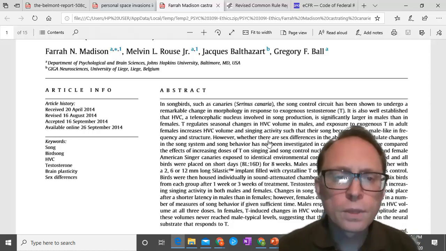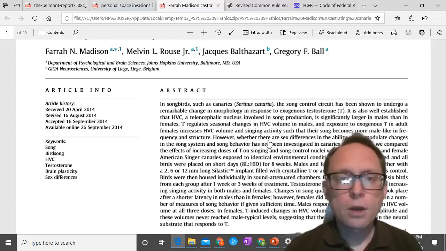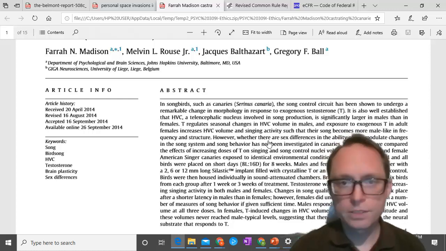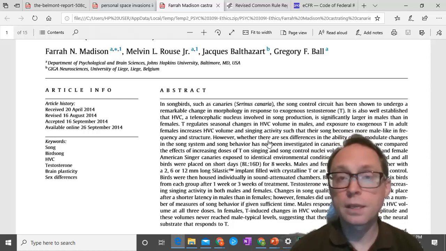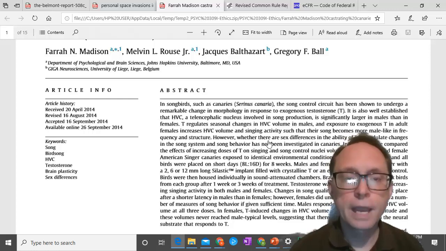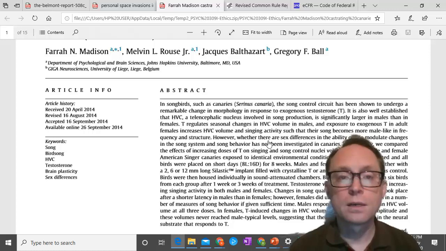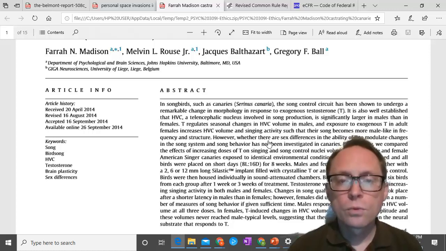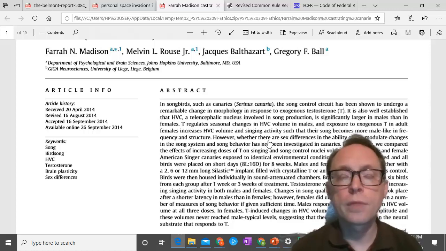Now, there are obviously many feelings that people are going to have about a study like this, where you would castrate, inject, kill, and dissect something like a bird. When the IACUC looks at this, they have to determine whether or not there is a benefit to doing this study.